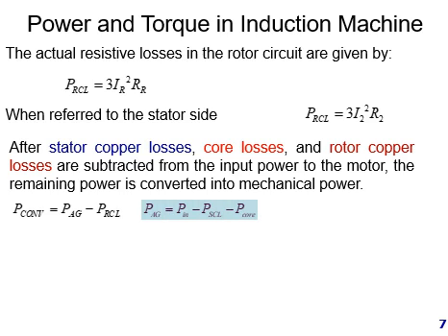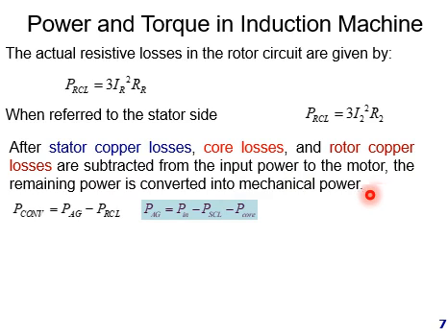If we include these losses, then after stator copper losses, core losses and rotor copper losses are subtracted from P in, the remaining power is converted into mechanical power.